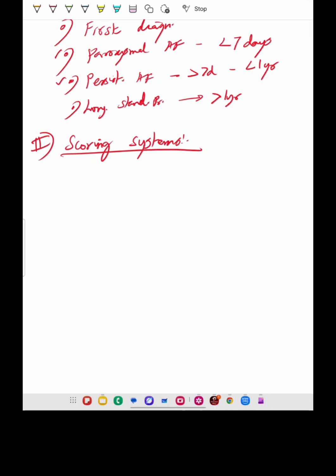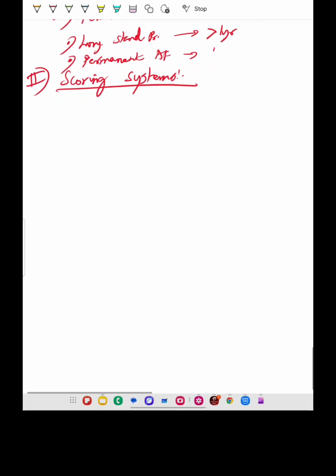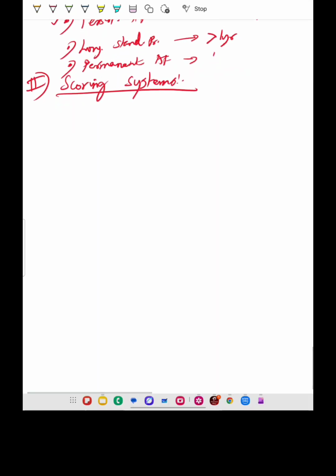In these kinds of AF, you can go in for a rhythm control strategy. What if your patient has a permanent AF? In your later session you'll look into something called substrate severity.